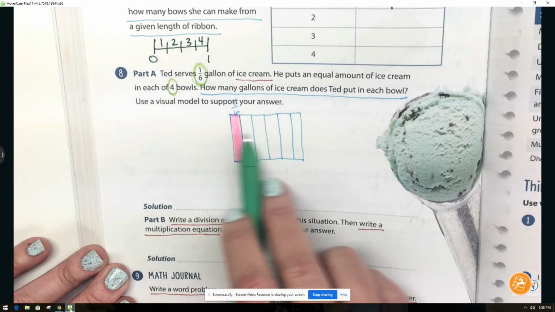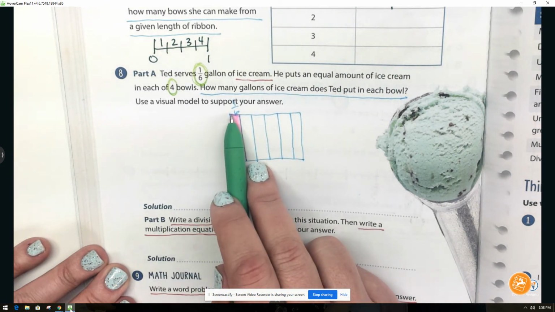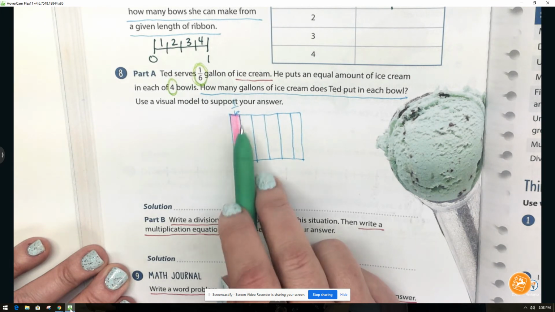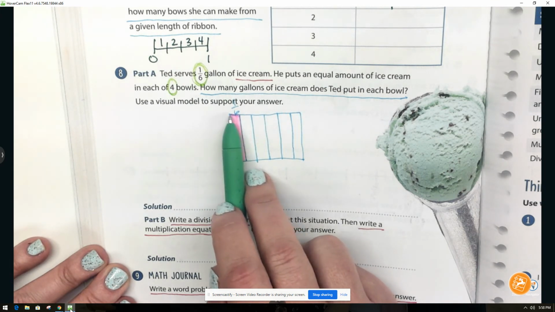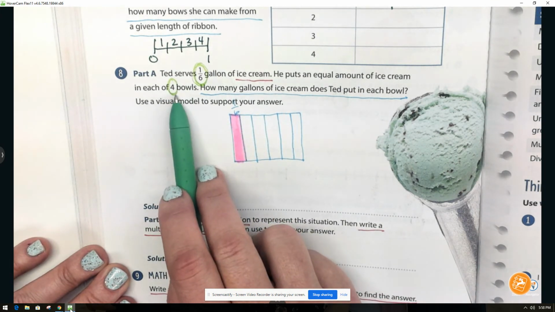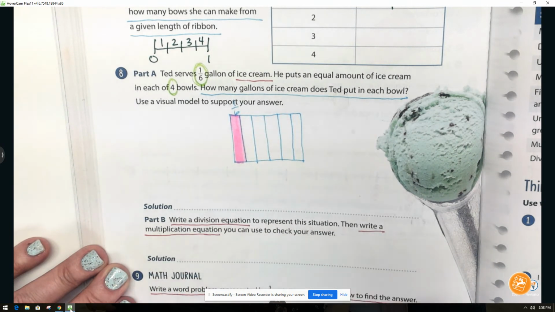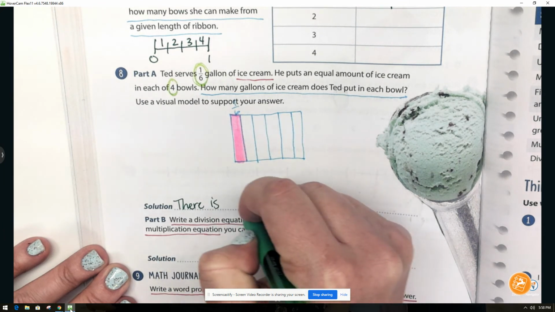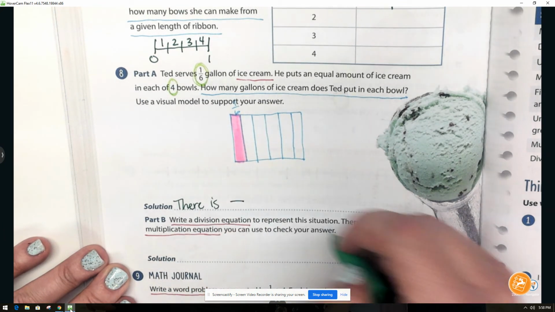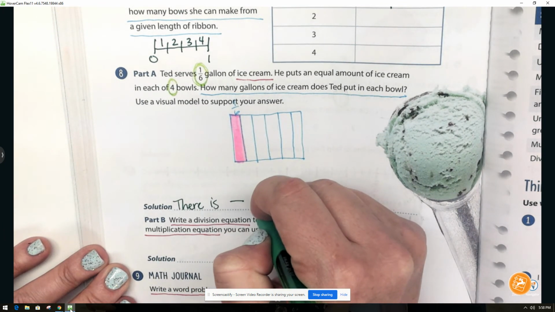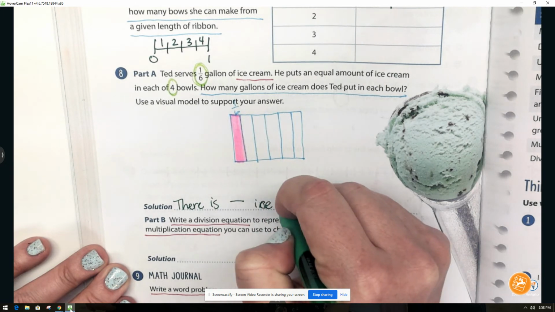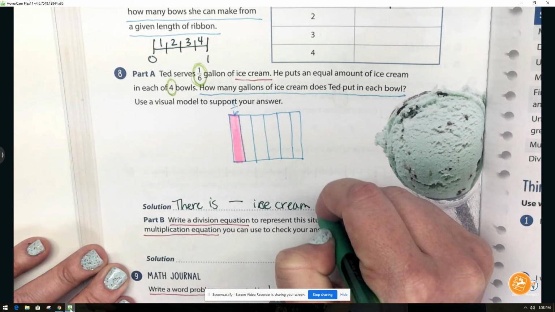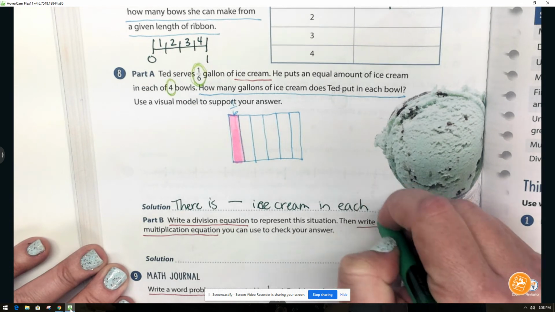After you break this into 4 parts, you're going to tell me the fraction, or how much goes in 1 bowl. So there is blank, a fraction, of a gallon of ice cream in each bowl.